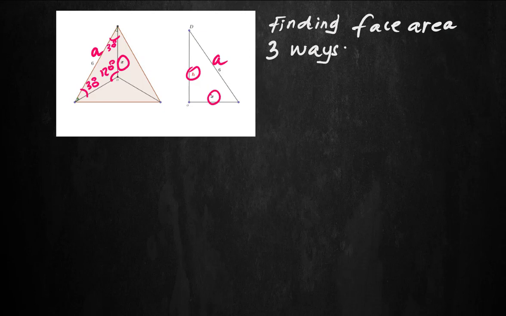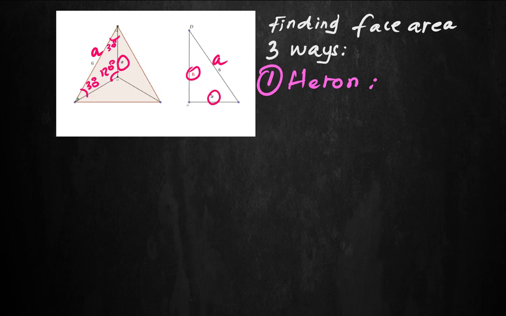So we have 3 ways to calculate the face area. We are going to use the first way, the Heron formula. Since we have the 3 sides, each one is 6, we can use the Heron formula to calculate our face area here.